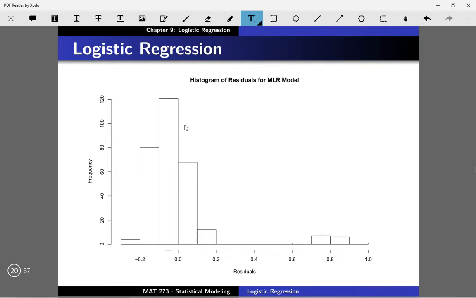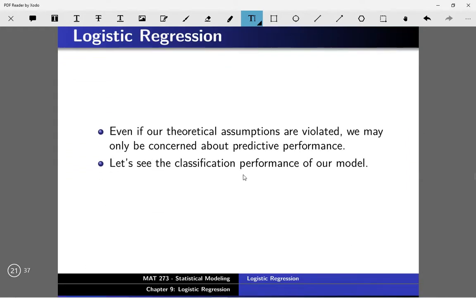We have 2 different distributions here. So this violates the normality assumption as well. There should be only one bell curve if this assumption is met. So just further evidence, none of these assumptions appear to be met. So we cannot do any sort of statistical inference for this model.